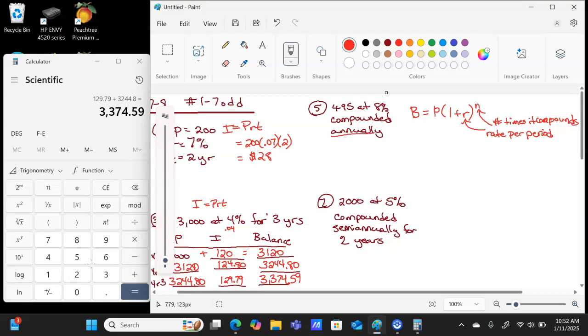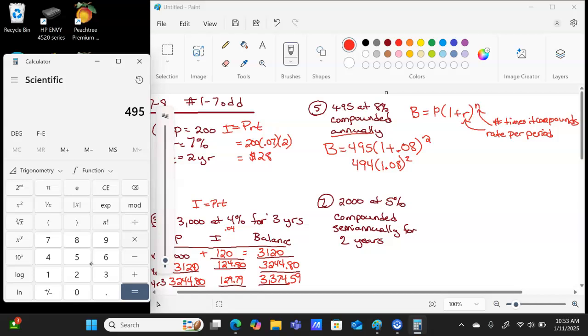Now this one is compounded annually. So I've got the balance will be 495 times 1 plus, it compounds annually, so the rate per year is 0.08. And I didn't write this down for 2 years, so this is going to be a 2 because it's going to compound twice. So I'm going to have 495 times 1.08, just added those up, squared.